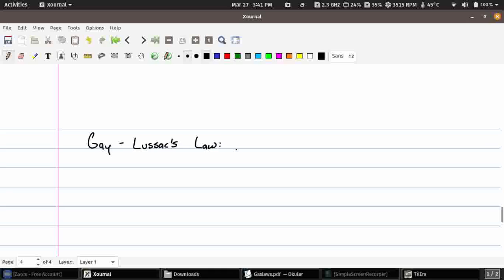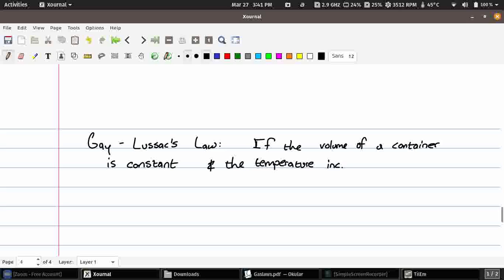This is new because we did not go over this in class. If the volume of a container is constant, meaning it stays the same, and the temperature increases, the pressure also increases.